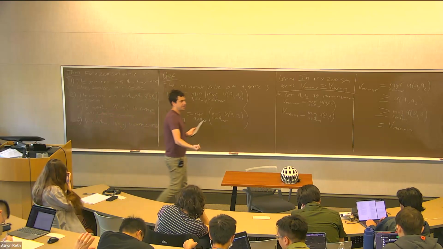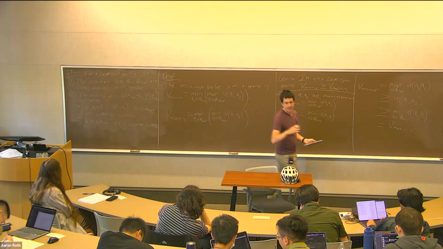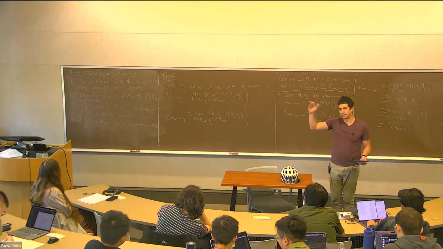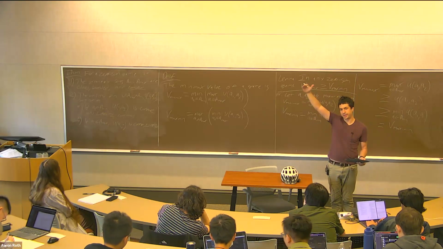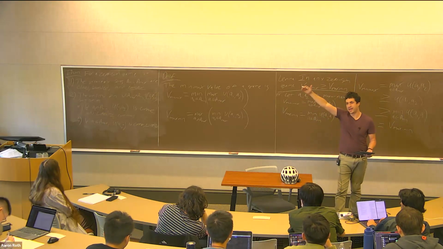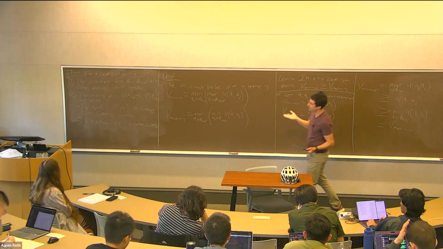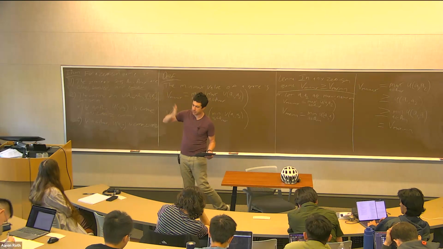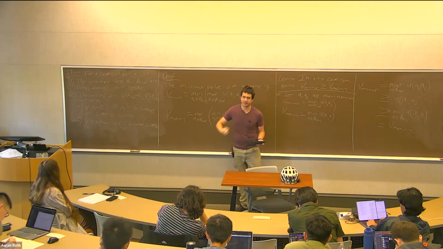So the function has to be Lipschitz in both of its coordinates. It's got to be concave in Max's actions. Max is trying to maximize payoff, and maximizing concave functions is a nice thing to do. And it should be convex in Min's action. Min's trying to minimize payoff, and minimizing convex functions is a nice thing to do.